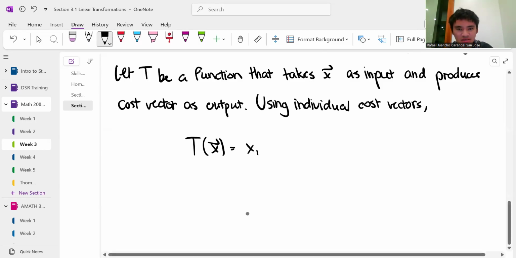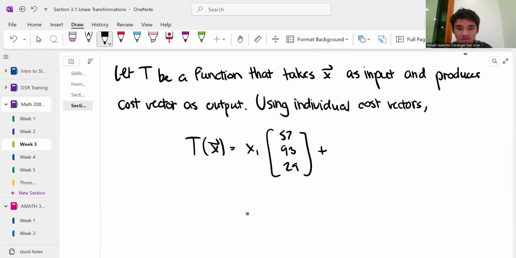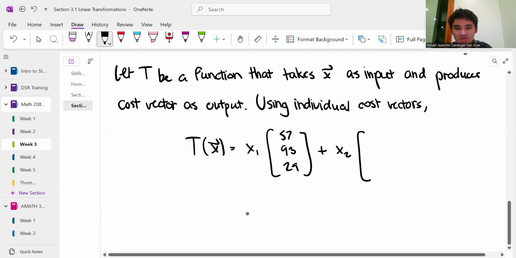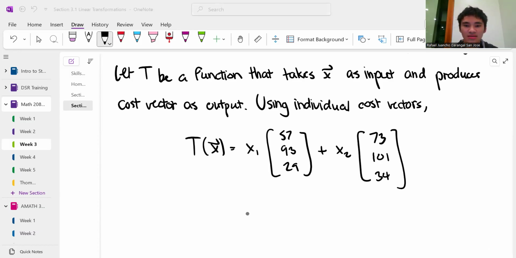It's just the same thing as this vector equation: x sub 1 times the J8 vector, plus x sub 2 times the J8 Plus vector. Right, so we're just writing it in a more compact way.